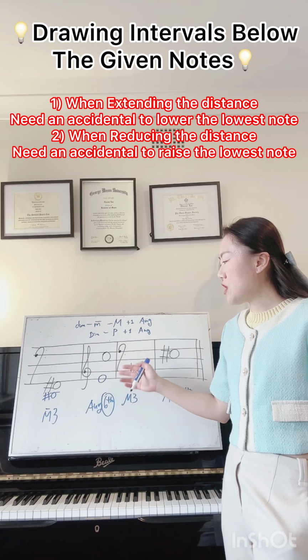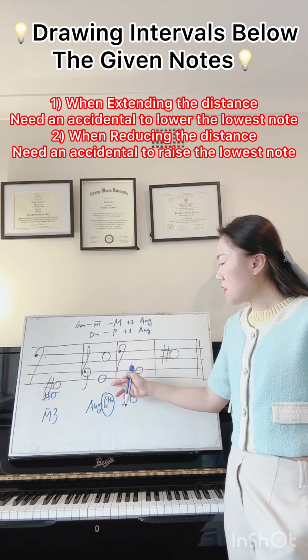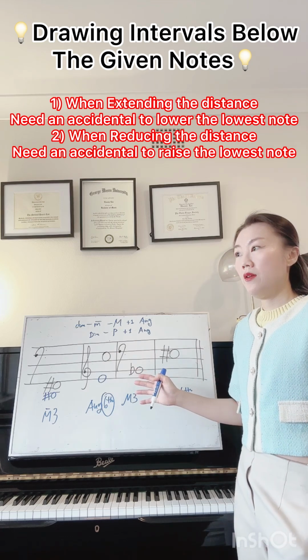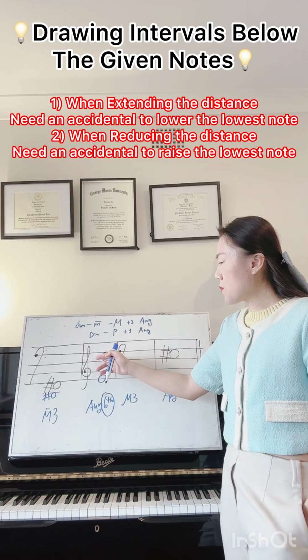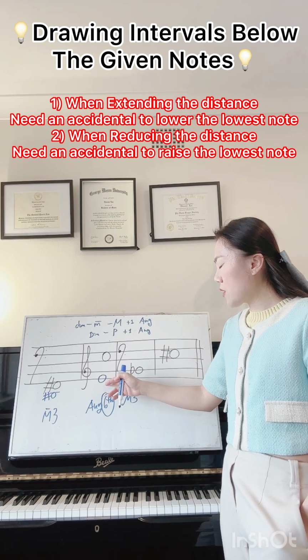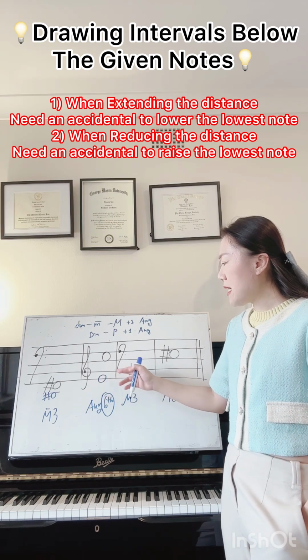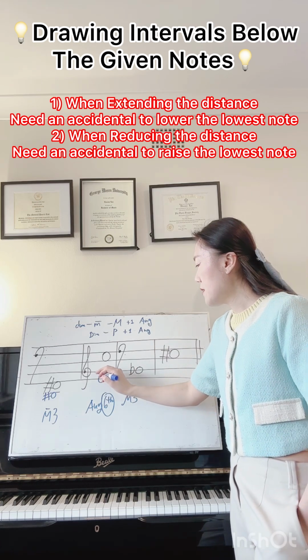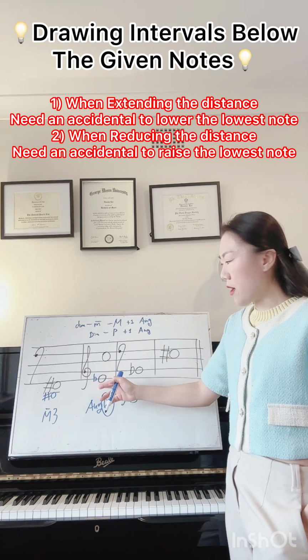F, C, G, D. So if that is major, we needed a sharp there, but we don't have a sharp. That means this part has been reduced. Then we have to reduce this note as well to make it into major 6. So this is accidental temporarily, for now.